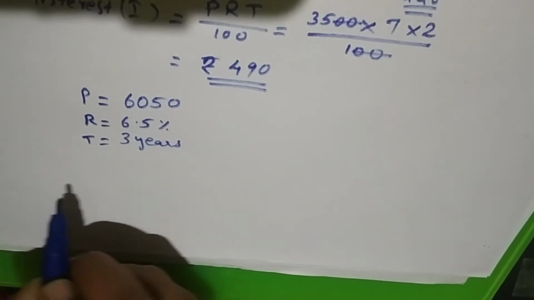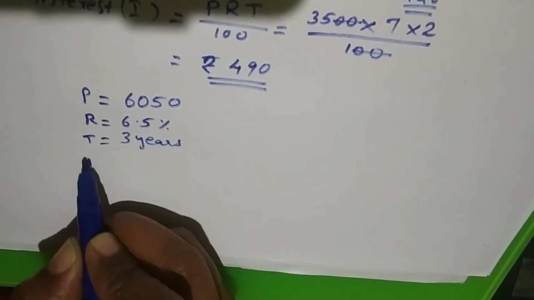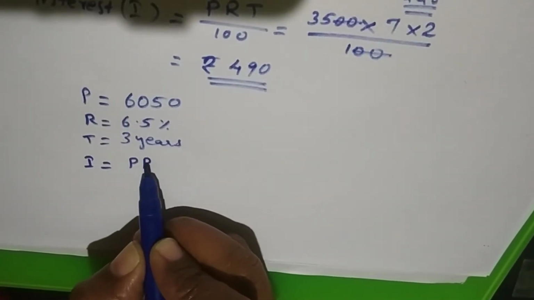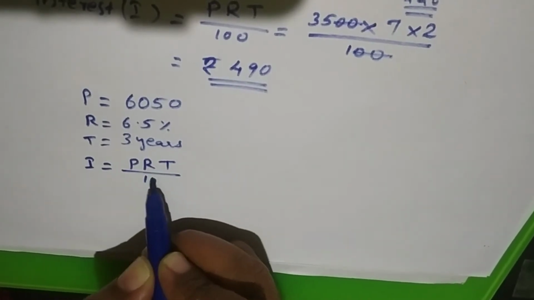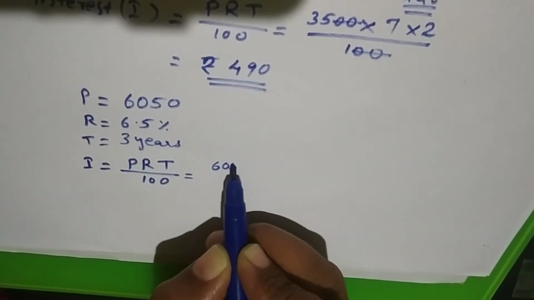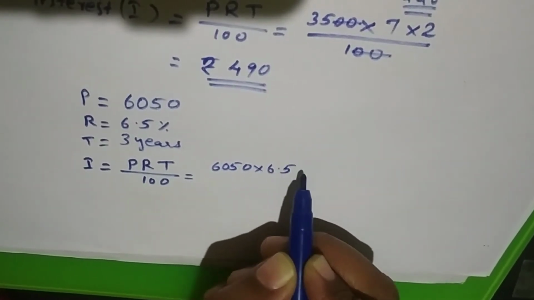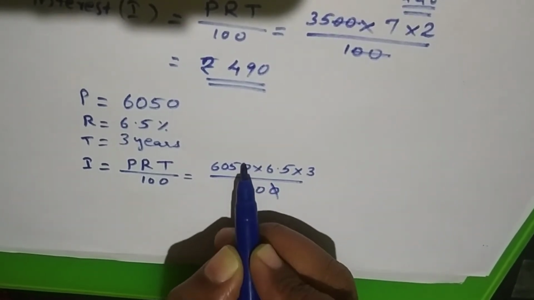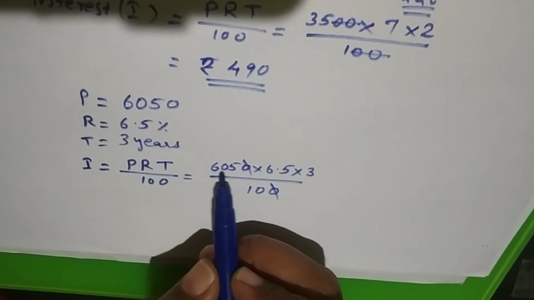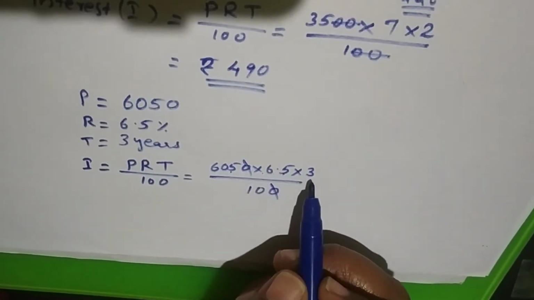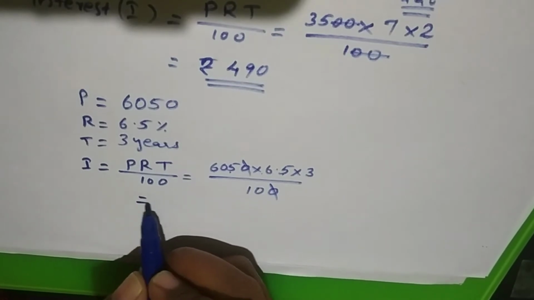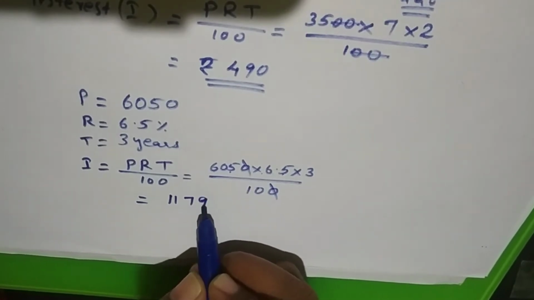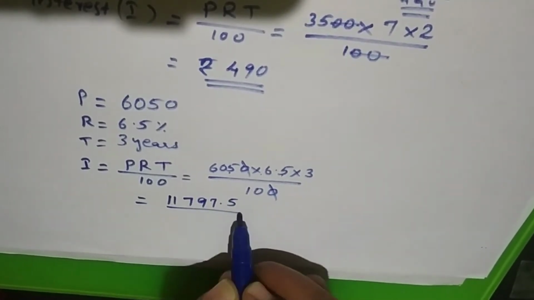So we know the equation. Simple interest is equal to principal into rate into time on 100. Here 6,050 times 6.5 times 3 on 100. We can cut this 0 and this 0. Then 605 times 6.5 times 3 is equal to 11,797.5 on 10.